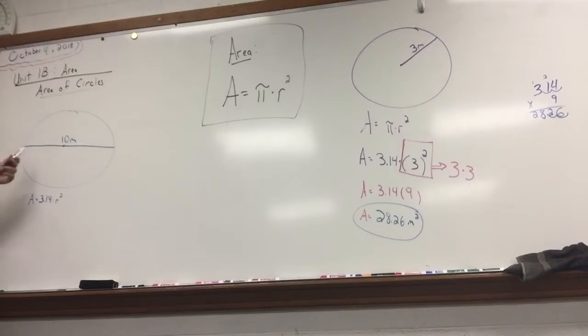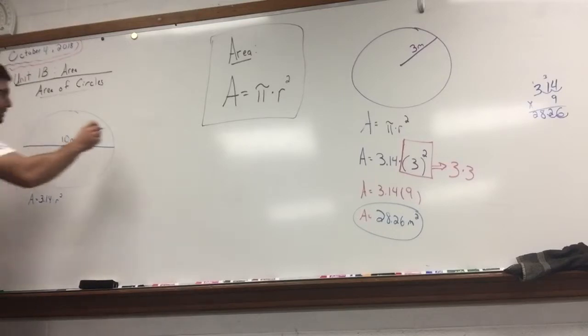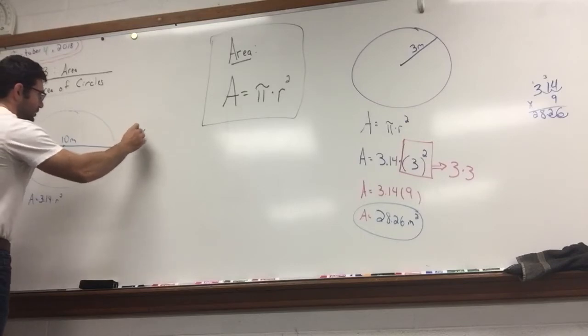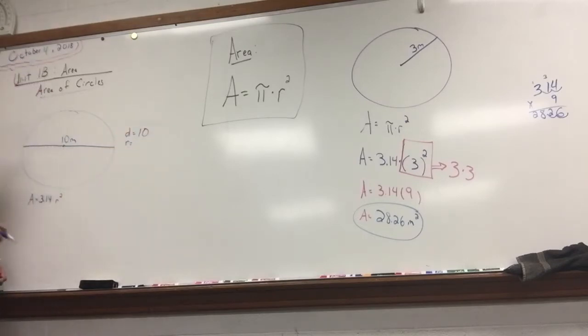If this is the diameter, you knew this was the diameter, so that's not the radius. How do I go from the diameter to find the radius? Go ahead, Emma. Take the diameter and cut it in half? Very good. To go from the diameter to the radius, we divide by 2.